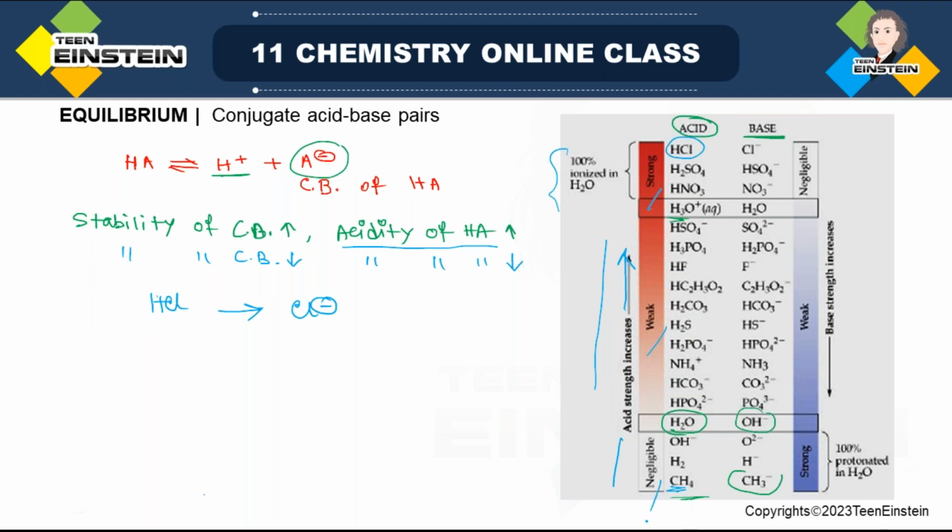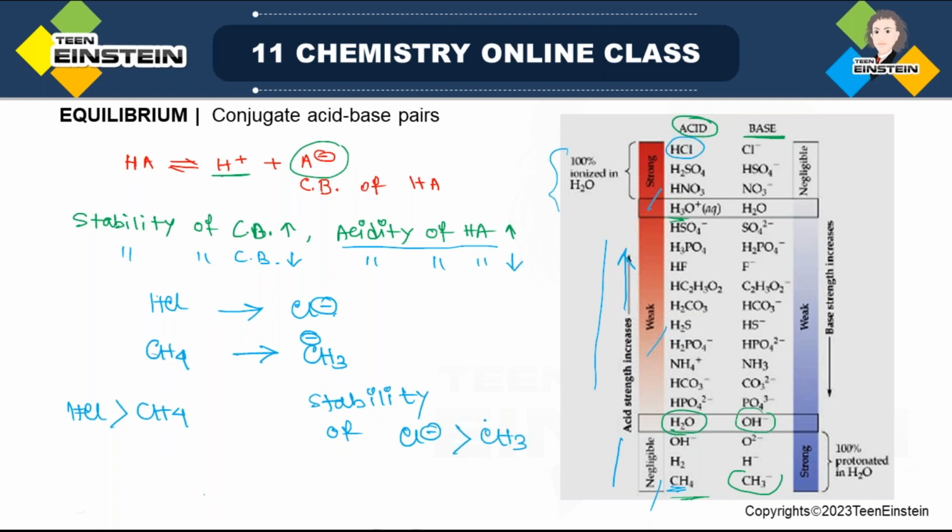Now from the negligible zone, if I take this example of CH4, the corresponding conjugate base is CH3 with negative charge over carbon, right? Now HCl, we know its acidity compared to methane is obviously high. So that means the stability of Cl minus will also be higher than the CH3 minus ion.